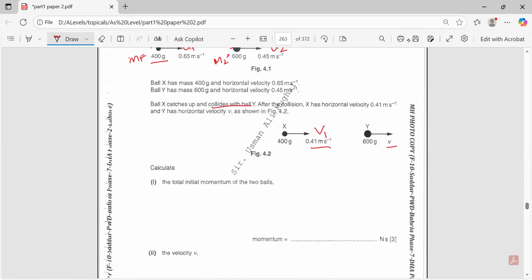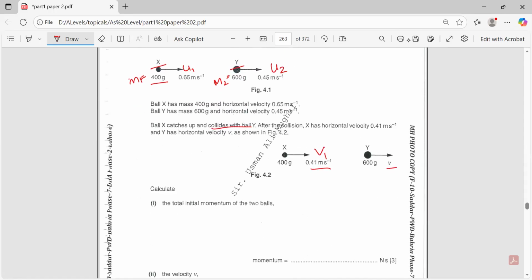So what is the question asking here? Find the total initial momentum of the two balls. So total initial momentum means it's the total momentum before collision. And this is going to be found as M1 U1 plus M2 U2. What is M1? M1 is the mass, and we have to find the momentum in our SI units, so 400 grams is to be converted into 0.4 kg.